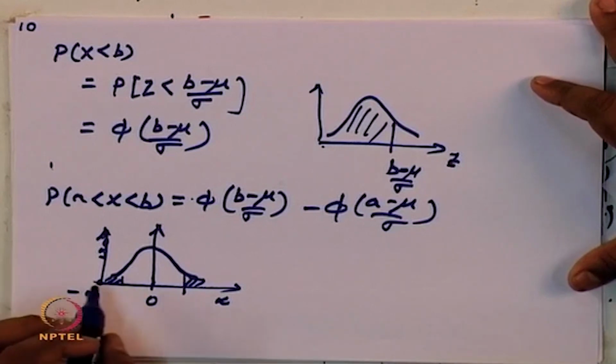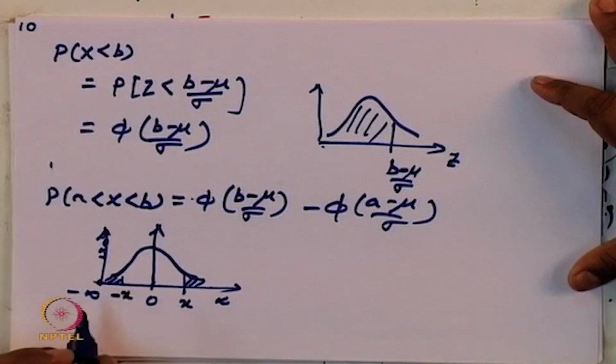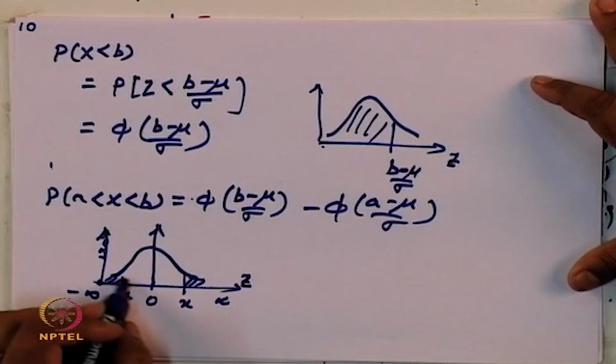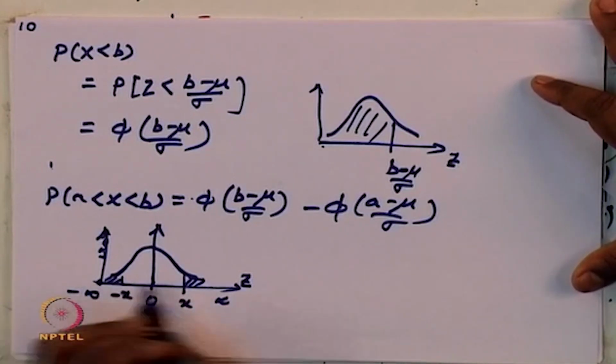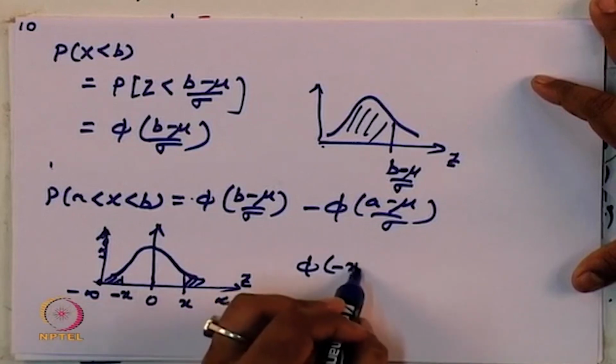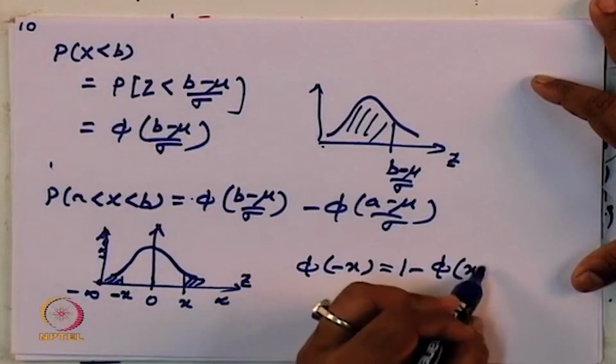So, let us say this is the value x and this is minus x. This is your z axis. Phi of minus x, this area and this area are exactly the same. So, I can write phi of minus x is equal to 1 minus phi of x.